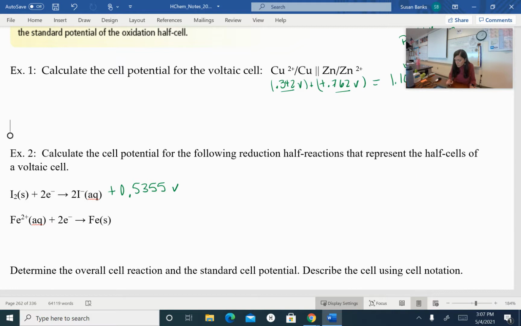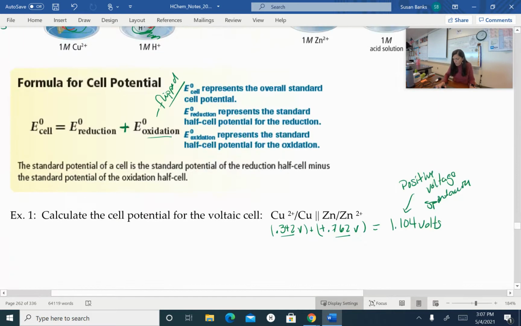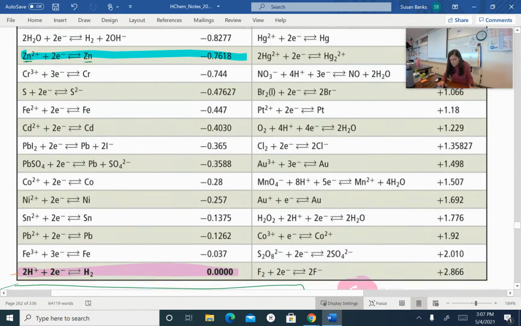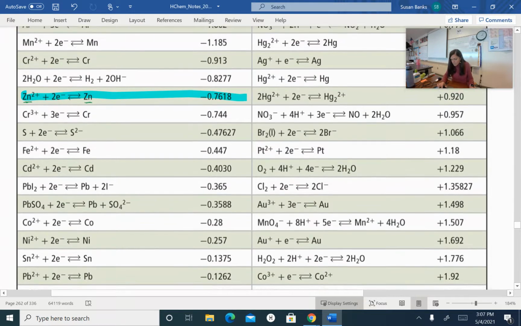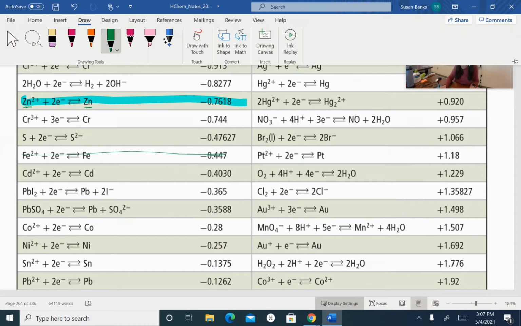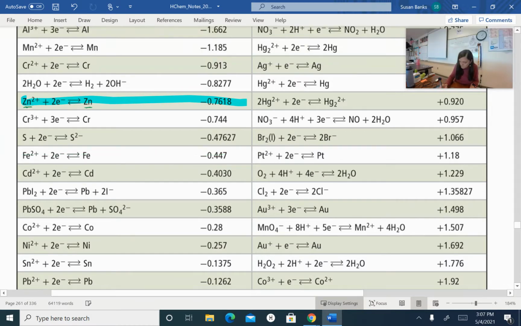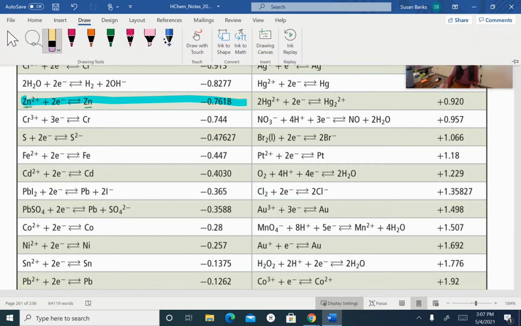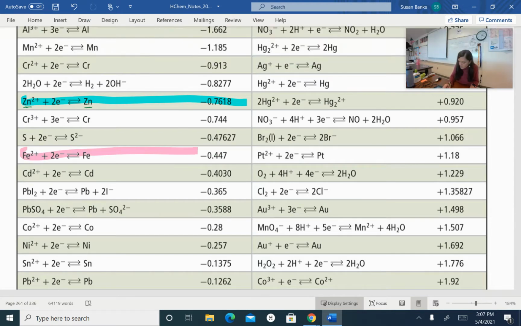Make sure it's plus 2 that you're looking for. So on this, we're going to look for iron plus 2. Do you guys see it? It's right here. So iron plus 2.